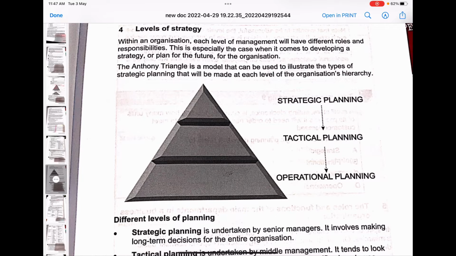Now we have the marketing mix. The marketing mix is a set of controllable variables that a firm blends to produce desired results from its chosen market. There are four basic elements in the marketing mix, which are product, place, promotion, and price. Product includes product features, durability, design, brand name, packaging, range, after sales services, warranties, and guarantees.